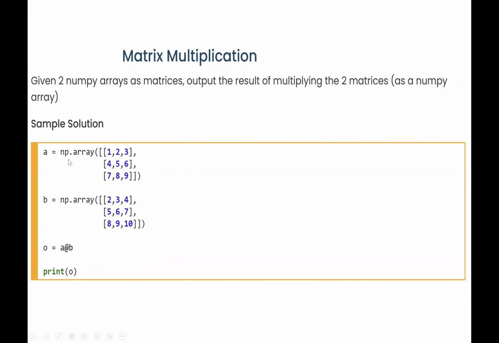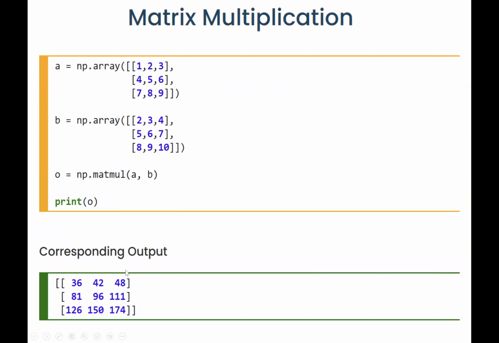We use np.array to create it. Our second matrix is in B. To multiply, we use the at sign. So A @ B, we multiply the two matrices. Here we are going to get a result. So we print O, and this is the result, because the first matrix's number of columns is the same as the second matrix's number of rows.